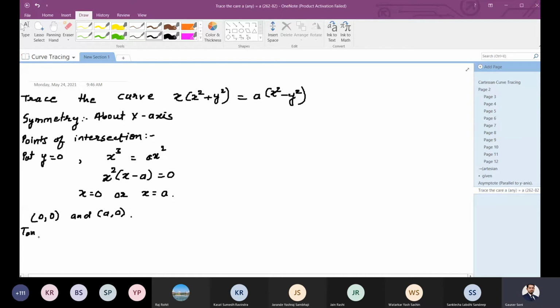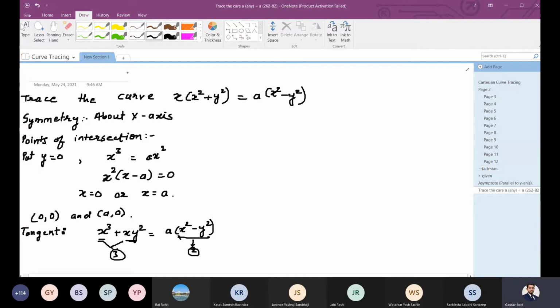Let's talk about the tangent. So tangent at origin, let's open the bracket: x cube plus xy square is equal to a x square minus y square. What do we see? The group of lowest degree terms. This is degree 3, both are of degree 3, and these two are of degree 2.